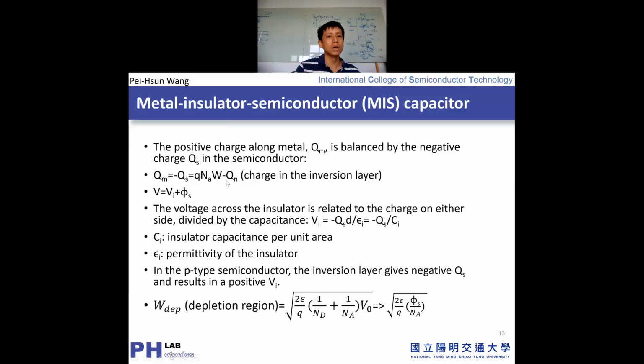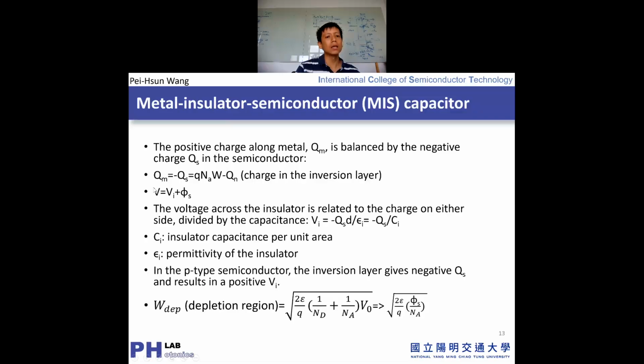And then we need to add additional negative charge in order to support the electron accumulation. So the total positive charge along the surface equals the depleted charge in the p-type region plus the total charge in the inversion layer.